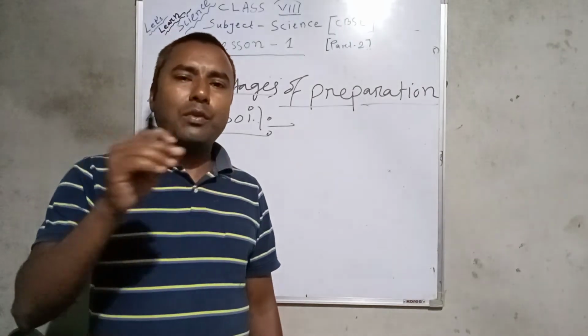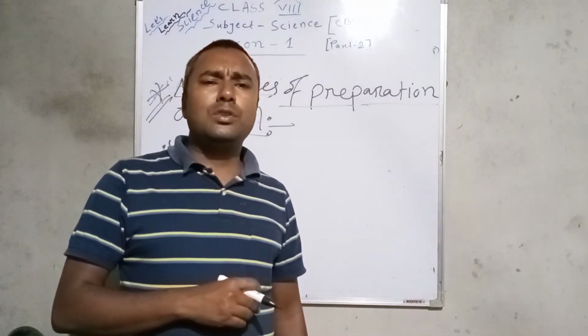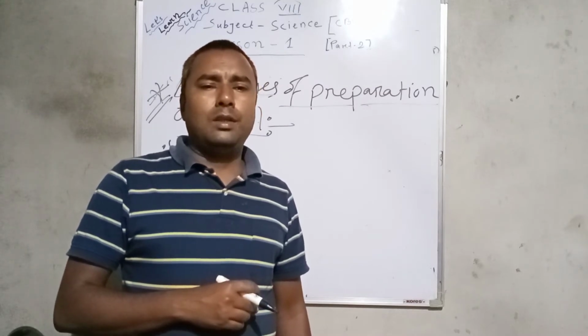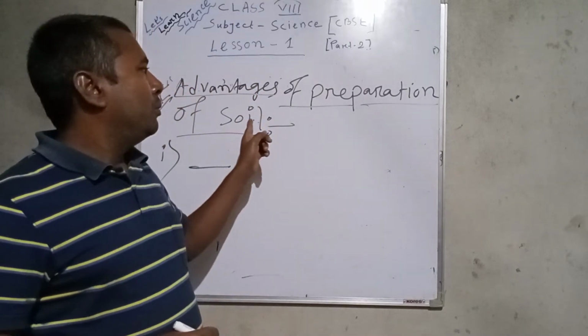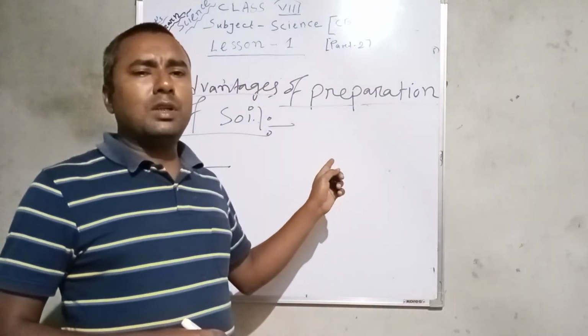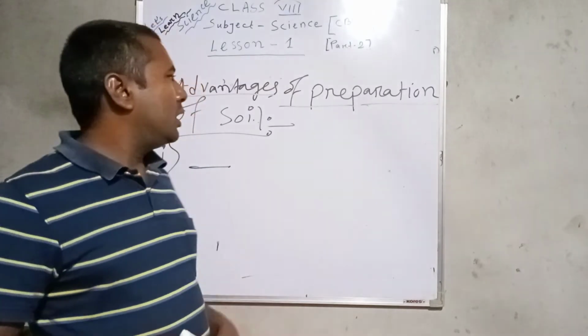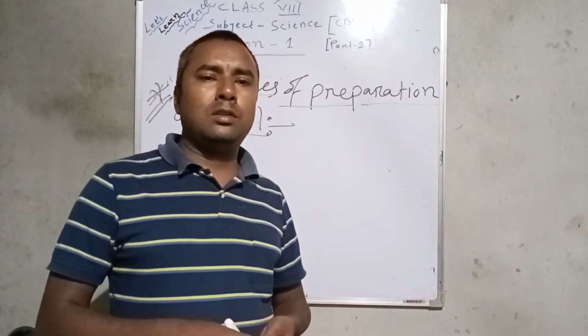So in that way, different types of beneficial microbes live in the soil when the soil is prepared, when the soil particles become loosened. When the soil particles loosen, it also helps the earthworms to live in the soil.